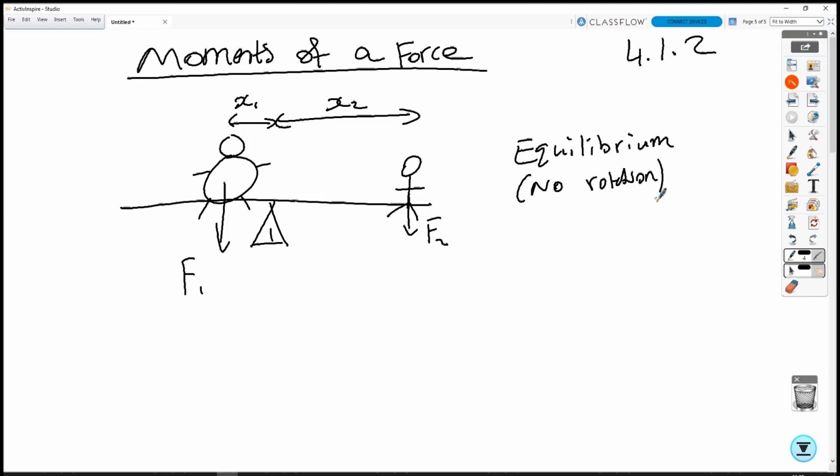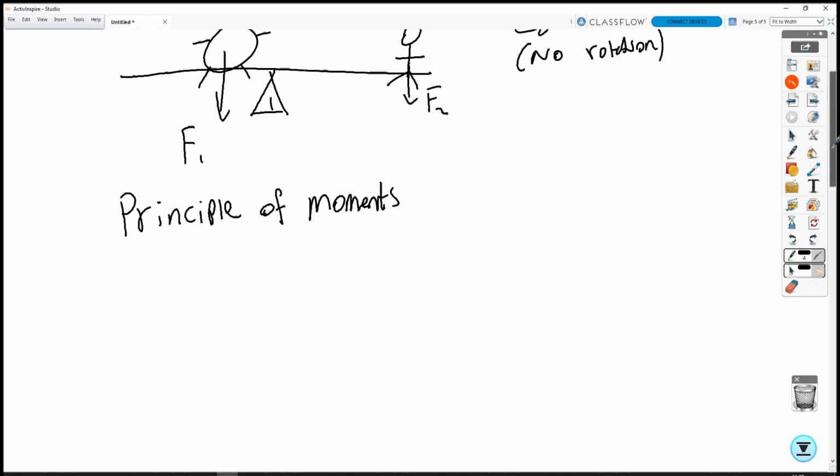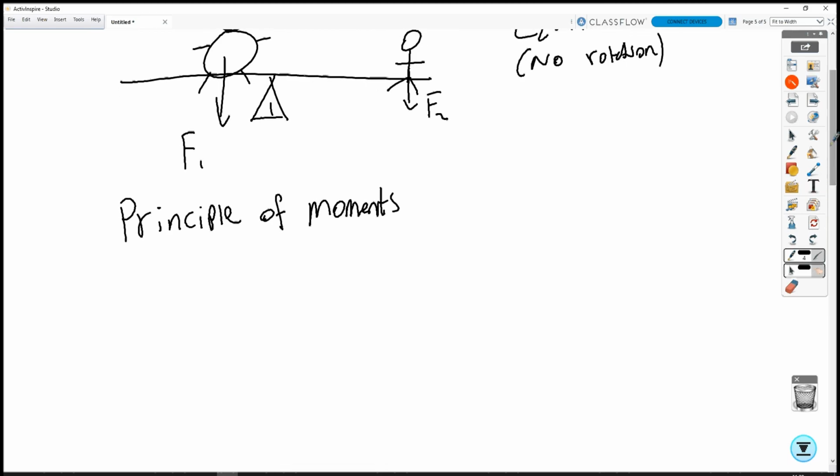So this goes on to the definition of the principle of moments, which says that for equilibrium, the sum of all clockwise moments must be equal in magnitude to the sum of all anti-clockwise moments.